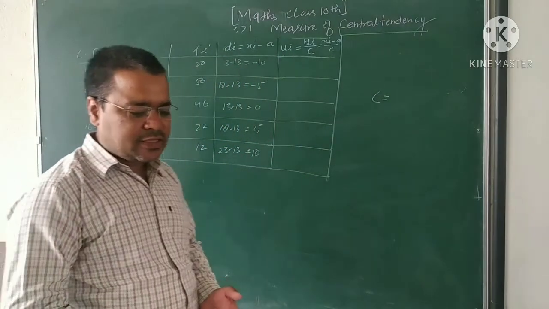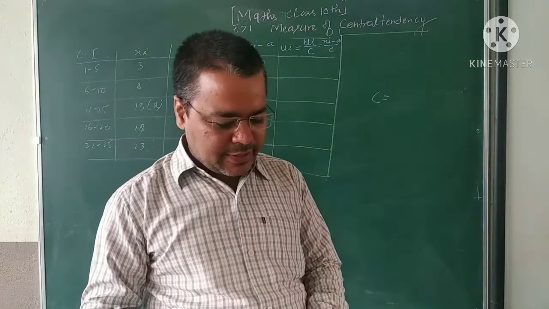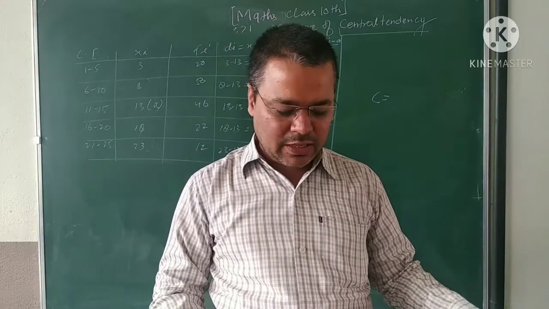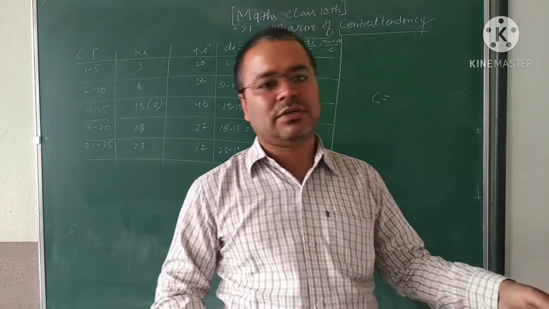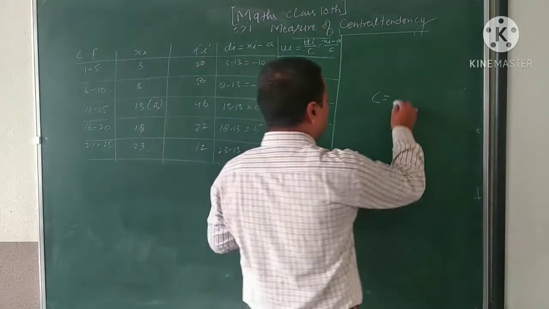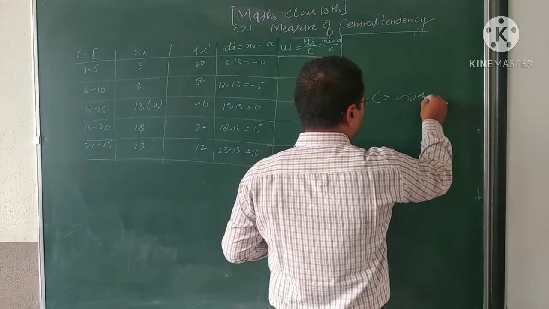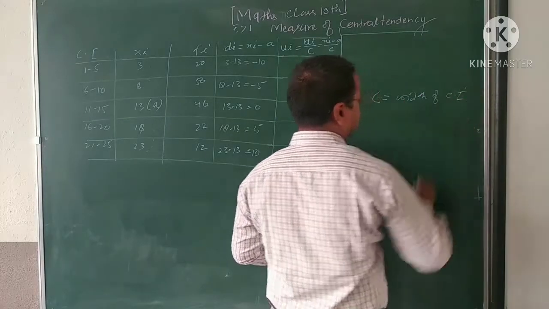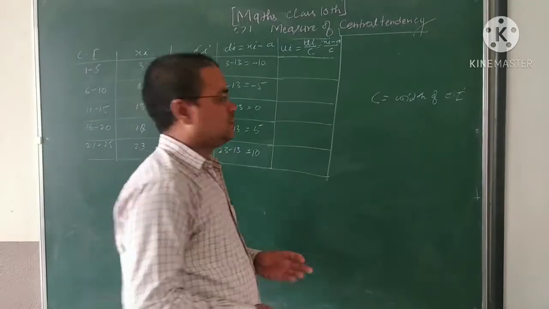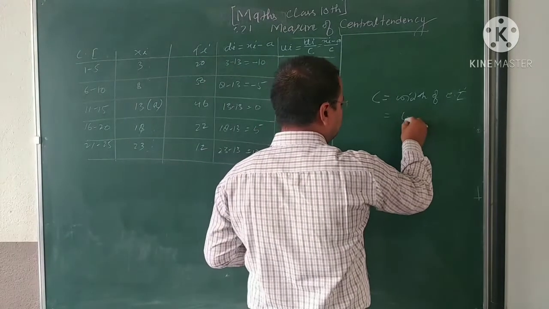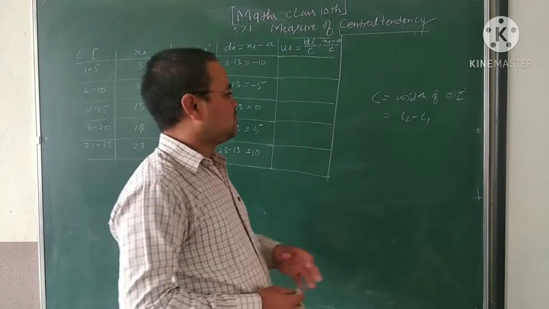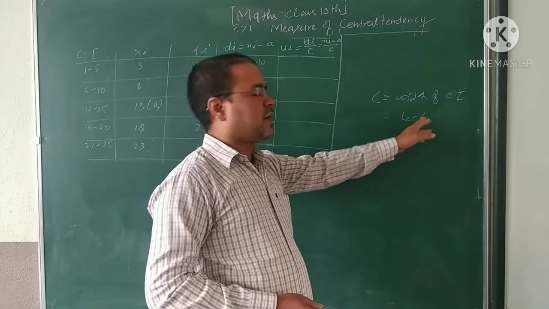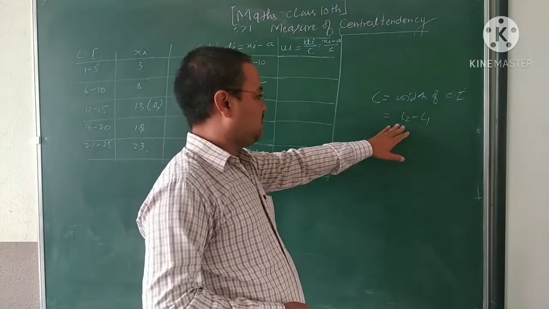C is the range of the class interval. Range is not the proper word, it will be the width of the class interval. C is the width of the class interval. And how do we find the width? That will be upper limit minus lower limit, L2 minus L1, or sometimes L1 minus L0 also, but here I am writing L2 minus L1.